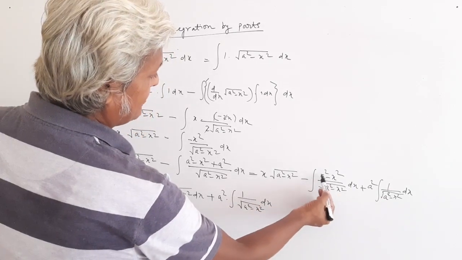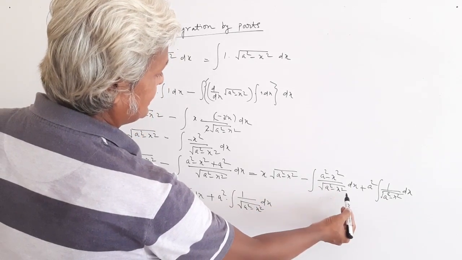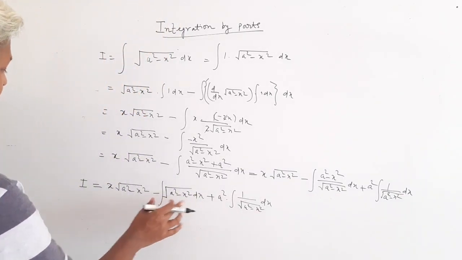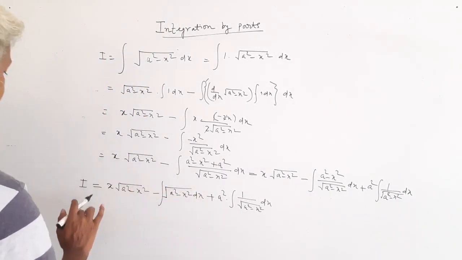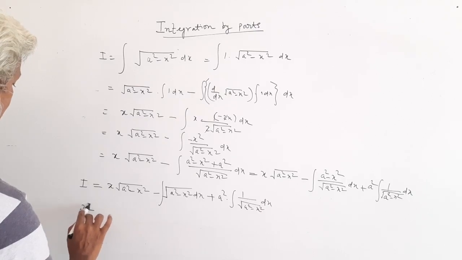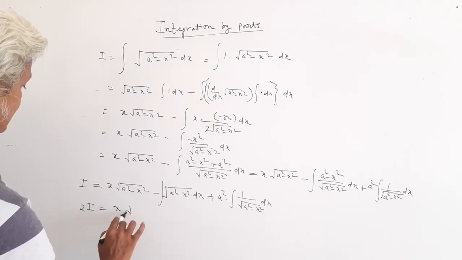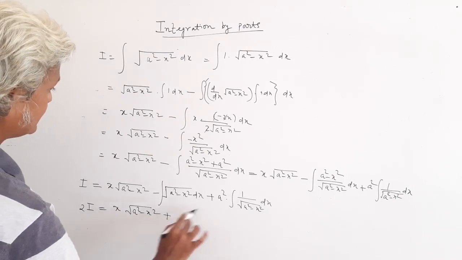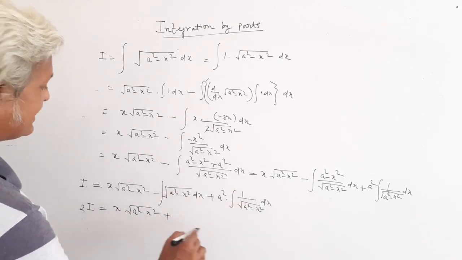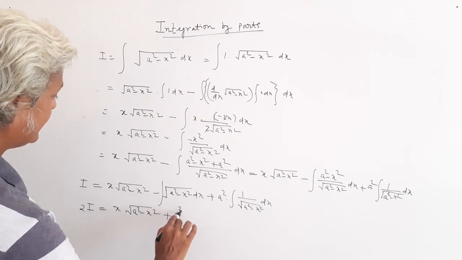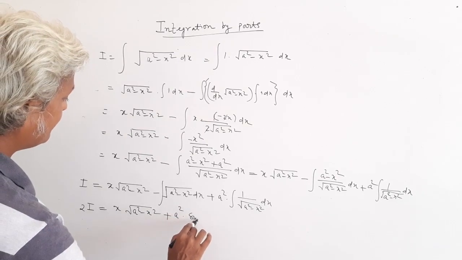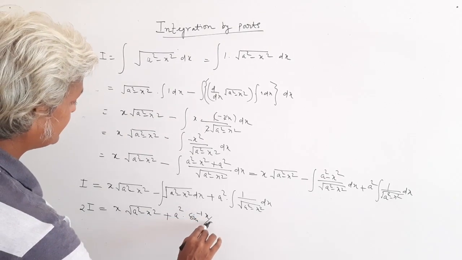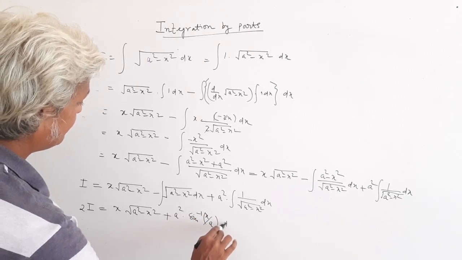This is a square minus x square over under root a square minus x square will be this. This is I. So this I goes on this side and becomes 2I. So 2I is x under root a square minus x square plus the integration of this one is sine inverse x by a. So a square into sine inverse x by a plus c.